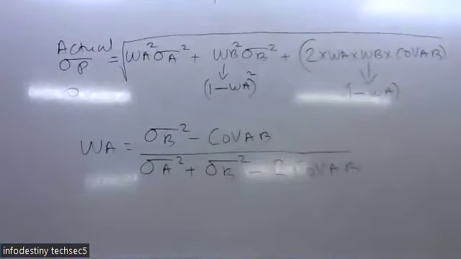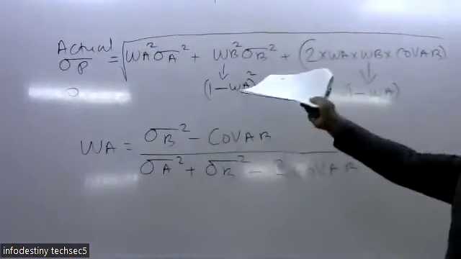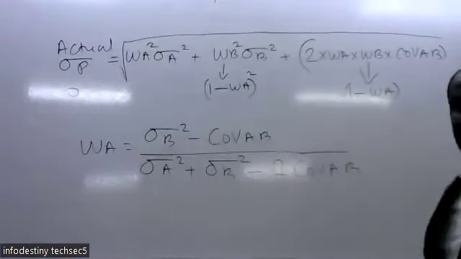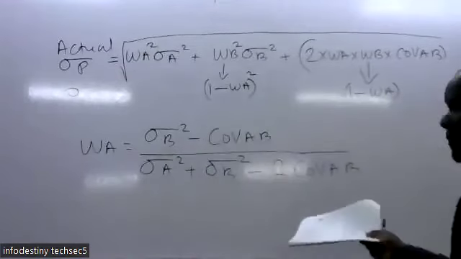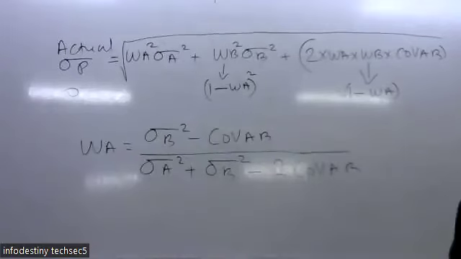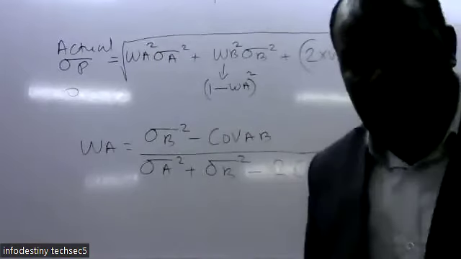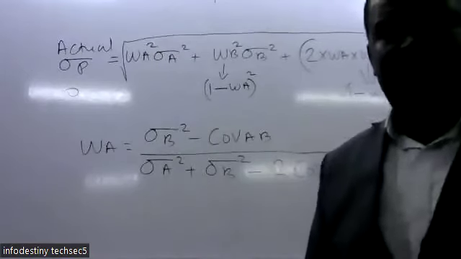So if you go to that formula and simplify it, making the weight for A the subject, you will end up with this formula. I don't want us to go into detail on how to derive that, but that is finally what you are going to have at that point.